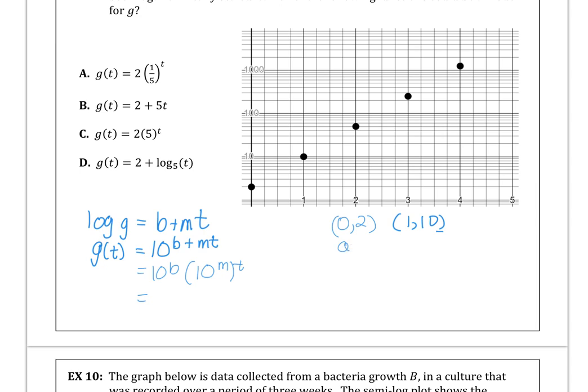It looks like the average rate of change is the log of 5, and the b value is 2. So our b value is 2, and we've got 5 to the t power. That seems like C would be a good equation for that graph.